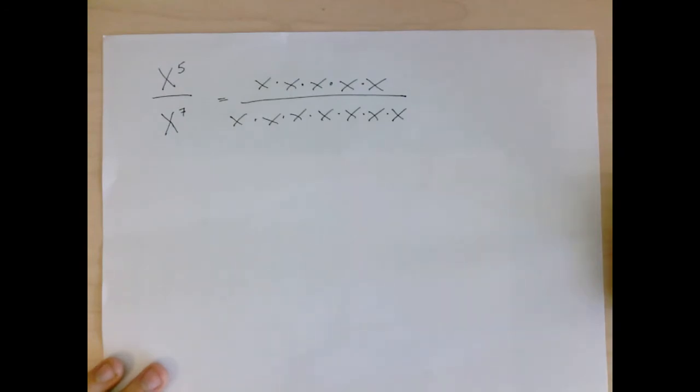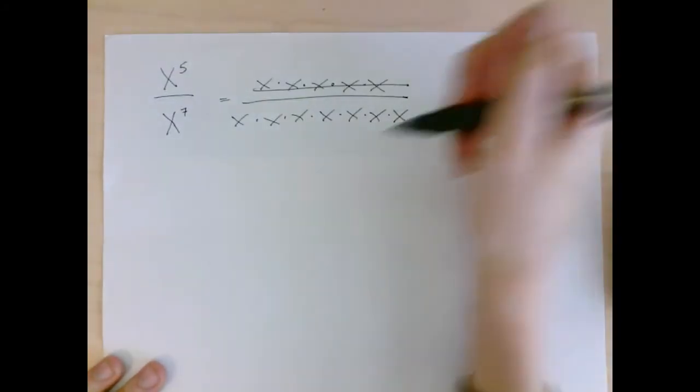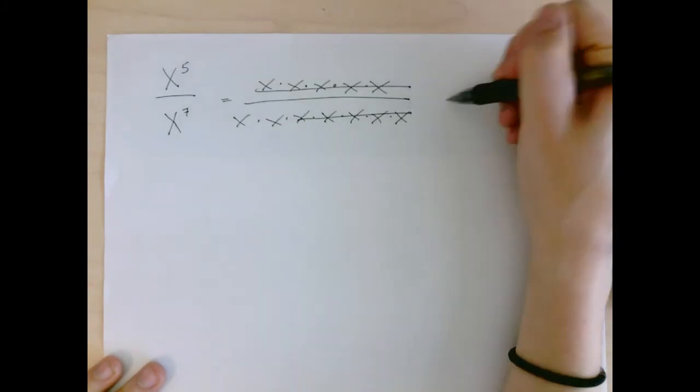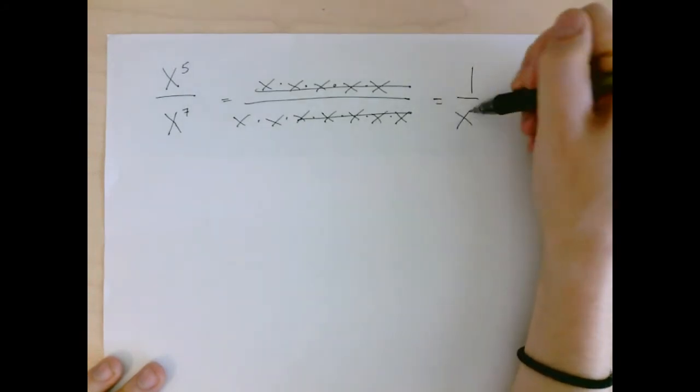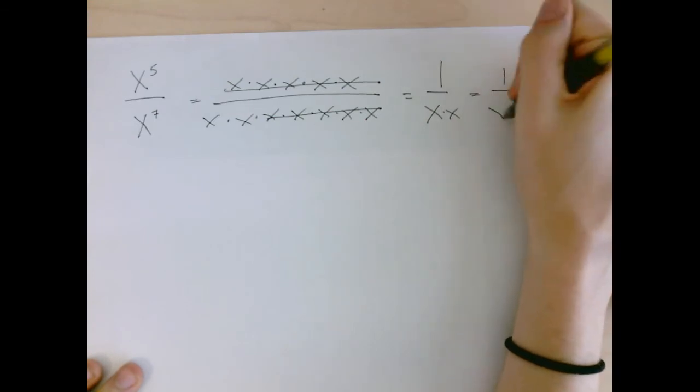Now I'll do the same thing I did before. I just cancel what's the same on the top and the same on the bottom. So those 5 go away and these 5 go away. And I'm left over with 1 over x times x, or 1 over x squared.